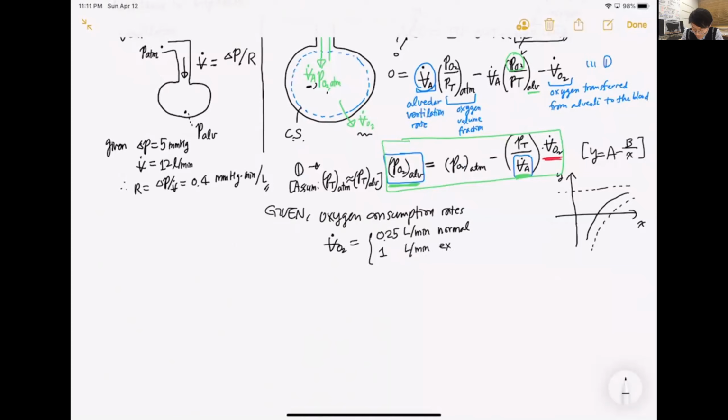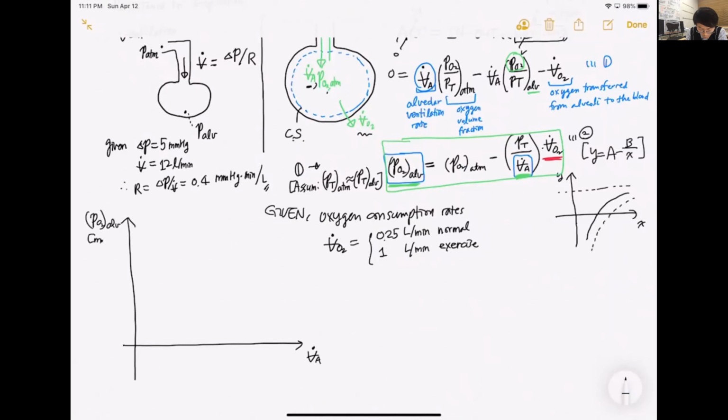So as I talked about with equation 2 before, we can draw this again, with the x-axis being the alveolar ventilation rate and the y-axis the alveolar partial pressure, PO2 ALV.